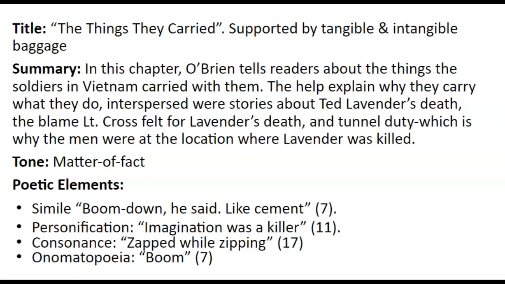In the chapter, O'Brien talks about the things soldiers carry with them. It helps explain why they carry what they do, interspersed with stories about Ted Lavender's death and the blame that Lieutenant Cross felt for Lavender's death, and tunnel duty, which is why the men were at the location where Lavender was killed.